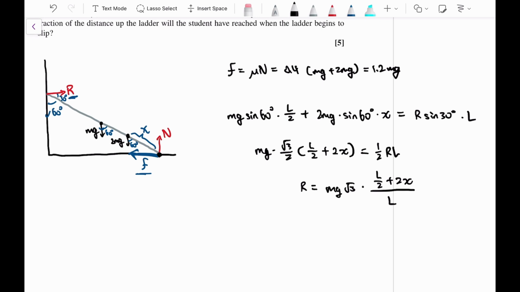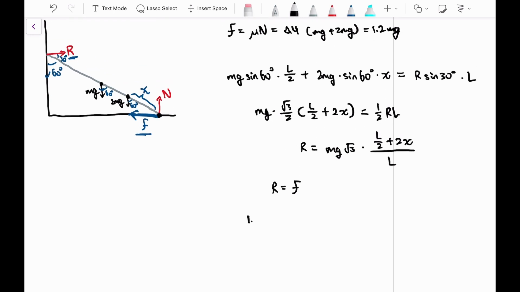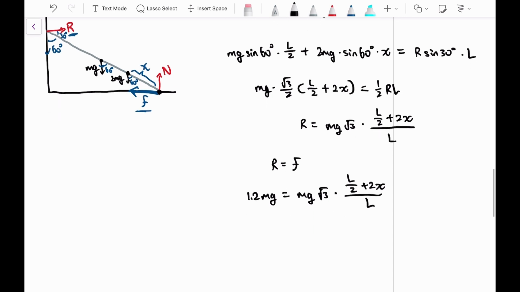The ladder will slip when R is equal to F. So we can write down this equation: 1.2 mg is equal to mg square root of 3 times L over 2 plus 2x over L. Then we can cancel out the mg's and times L to the other side.